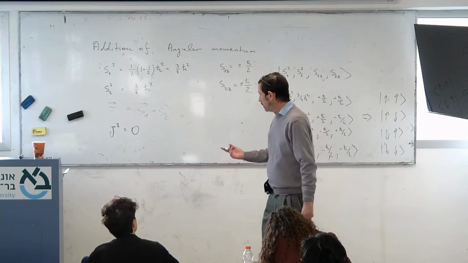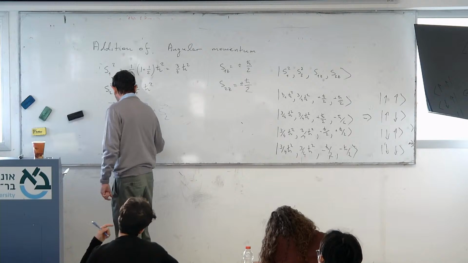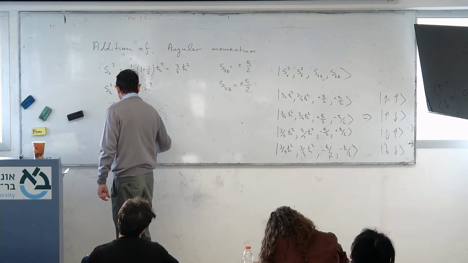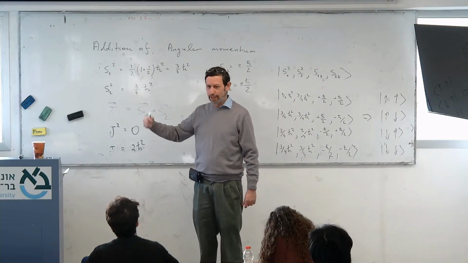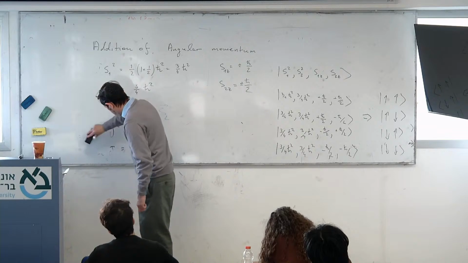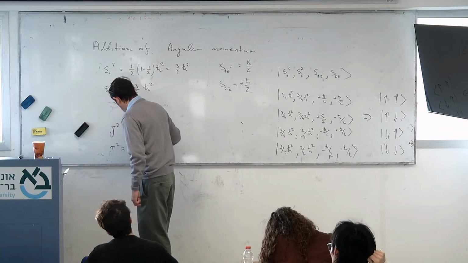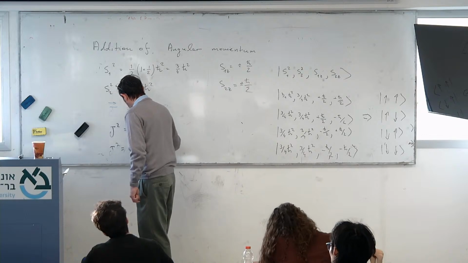1. J squared is equal, in this case, don't be confused, to 2ħ squared, because it's ħ squared J times J plus 1. Okay, I'll write it explicitly: J times J plus 1.